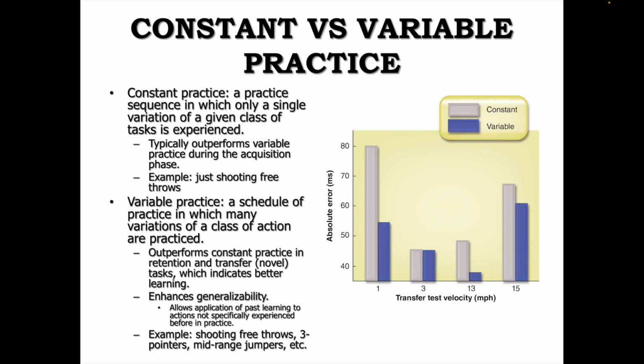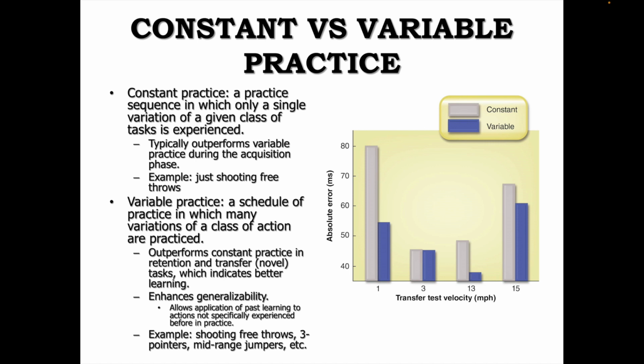So for example, if in my practice session I shoot some free throws, then some three-pointers, then some mid-range jumpers, then some layups, by having variable practice, I will get better at learning how to shoot overall in a variety of situations.